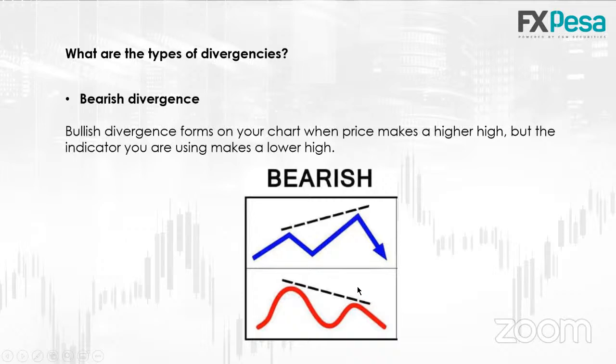There's a discrepancy between what is happening on the price and what is happening on the indicator, and therein lies your divergence. So primarily, there are two types of divergences that are the easiest to spot, and as a beginner, these are the best to start with when looking for setups. The bullish divergence shows you when price is potentially going to turn to the upside, and the bearish divergence shows you when price is potentially going to turn to the downside.